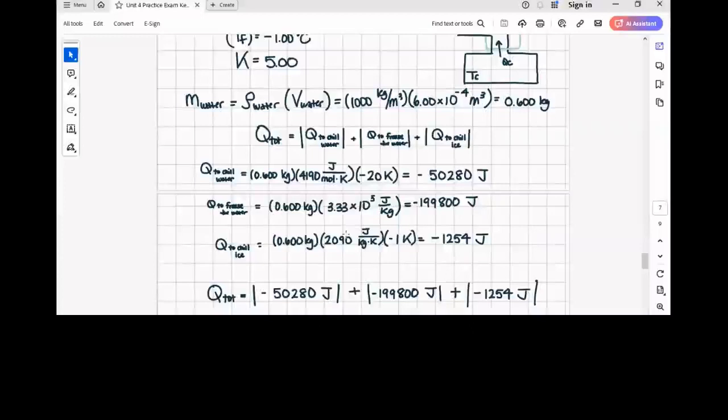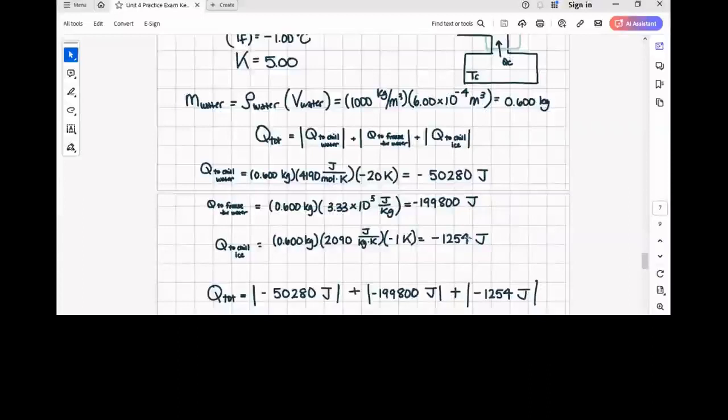And then finally, I have another MC delta T term, only this time the specific heat that's relevant is the specific heat for ice, which is different than the specific heat for liquid water. I'm only trying to get this ice to go from 0 degrees Celsius to negative 1 degree Celsius. So in Kelvin, that's just a loss of 1 degree.